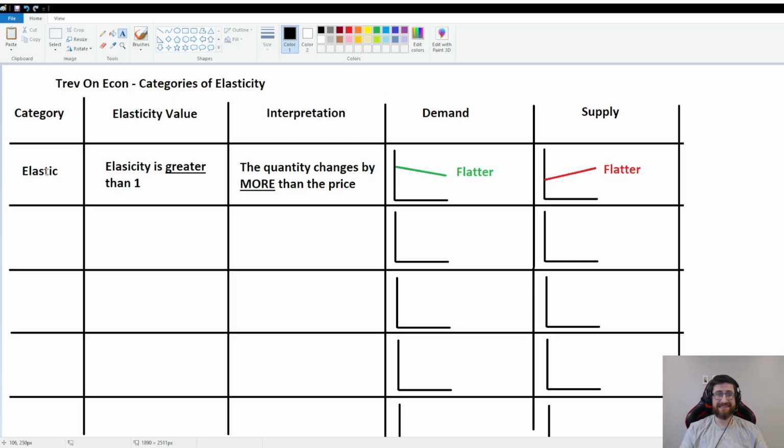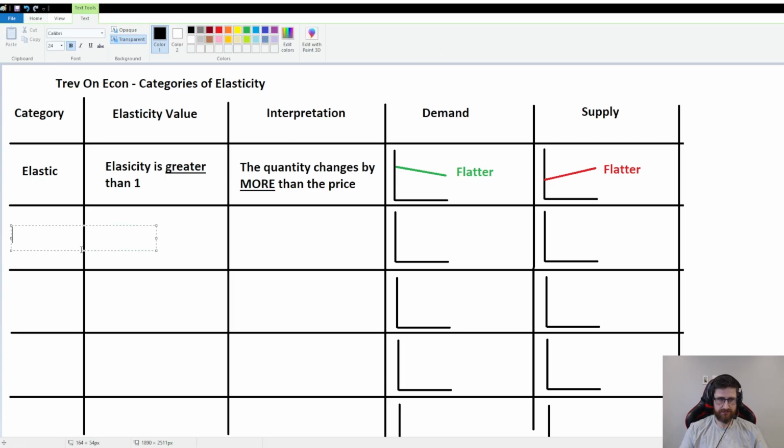So our next category is inelastic. As the name kind of suggests, it is the opposite of elastic. In fact, you can think of this as insensitive, right? Elastic is sensitive to something, inelastic is insensitive. I don't really care.